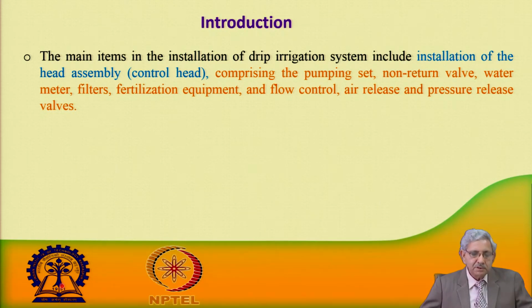So, in this topic, when we say installation of drip irrigation system, it means we need to install all the components which are there in the head control unit.